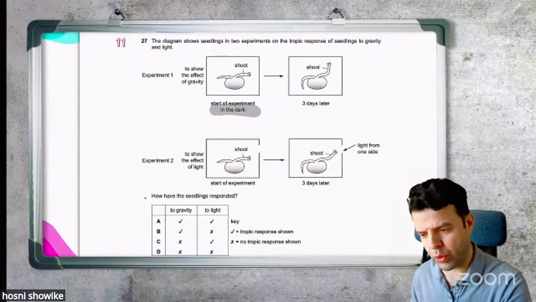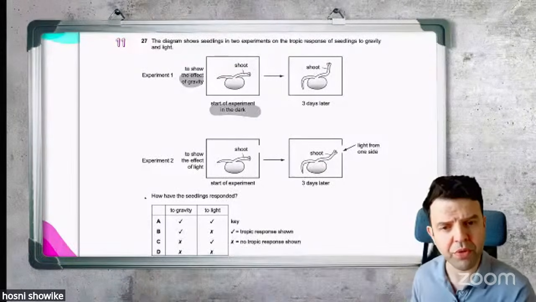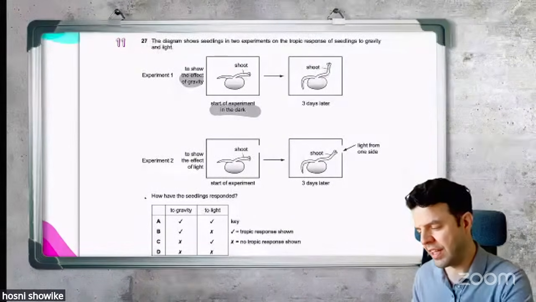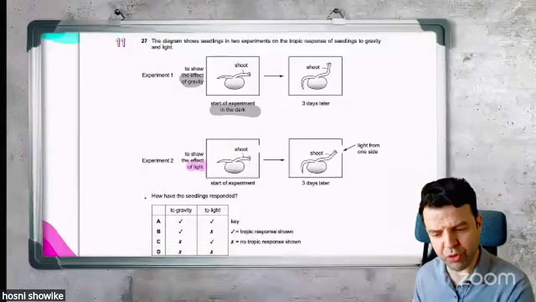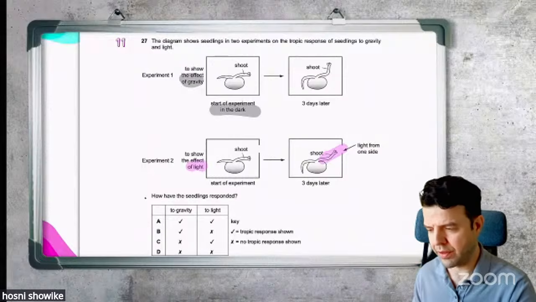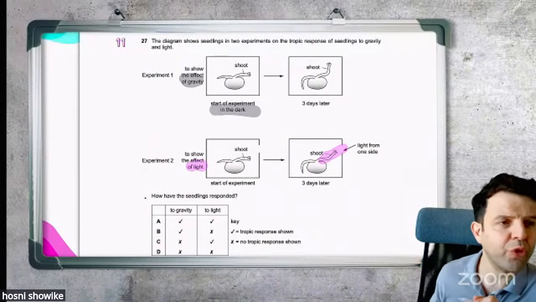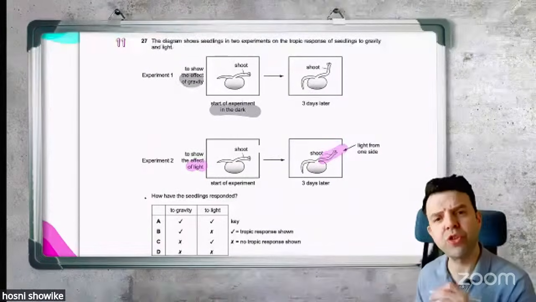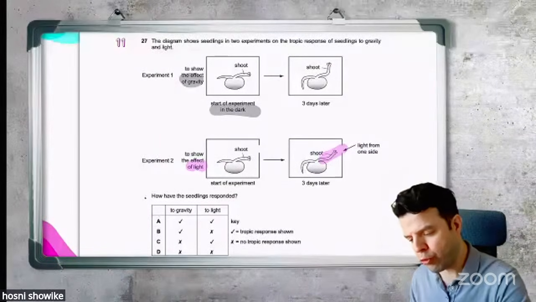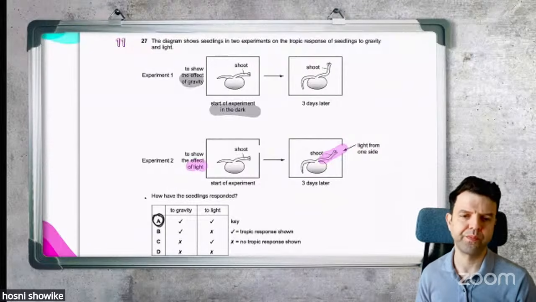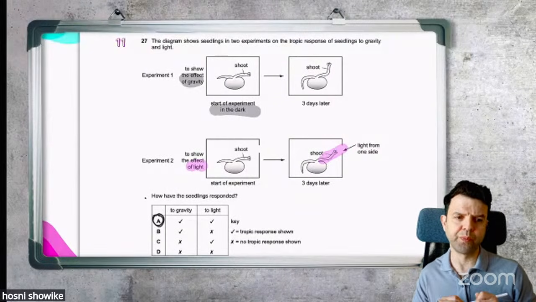So the first one is gravitropism. They're responding to gravity. The second one, light, and they did respond. They went towards the light. So they did respond to light, they did respond to gravity. I would go for both, okay?